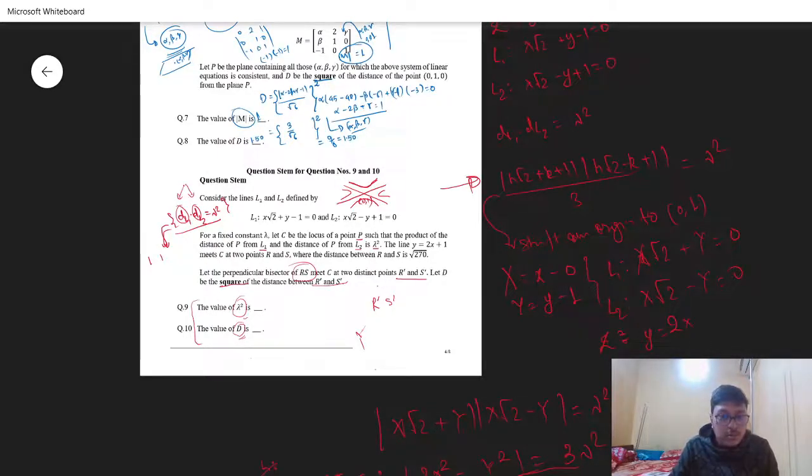So y equals 2x, and L dash, that is the perpendicular bisector of this line, would be y equals minus 1 by 2x.